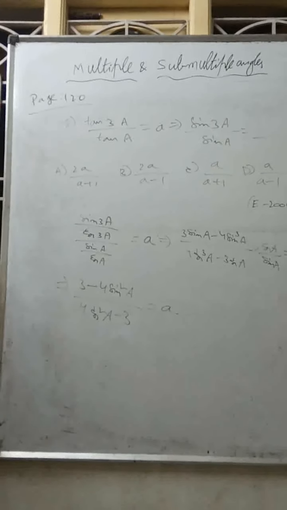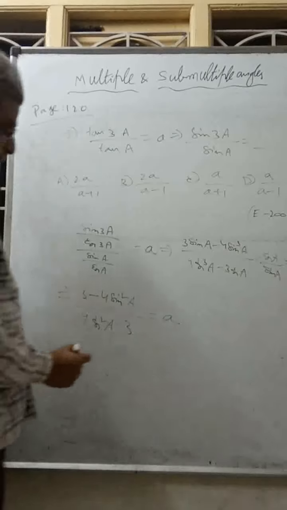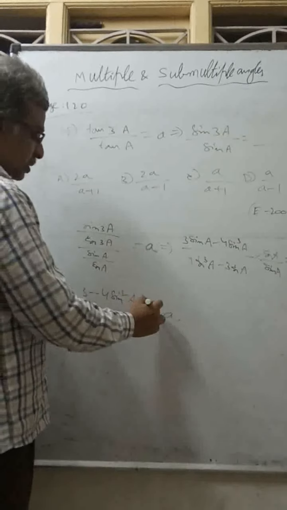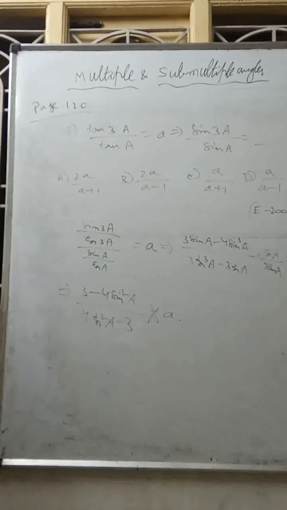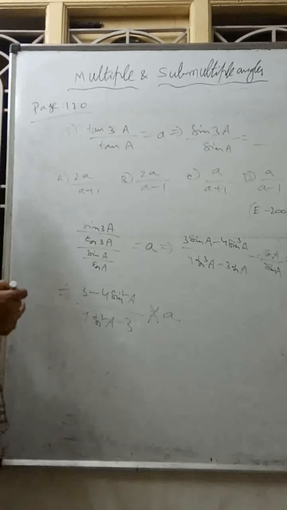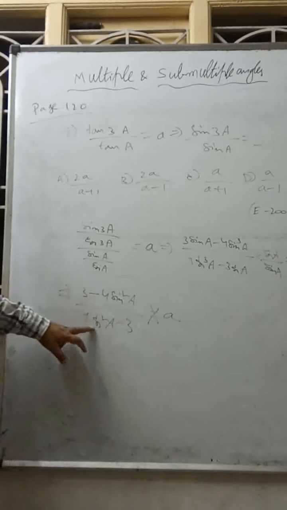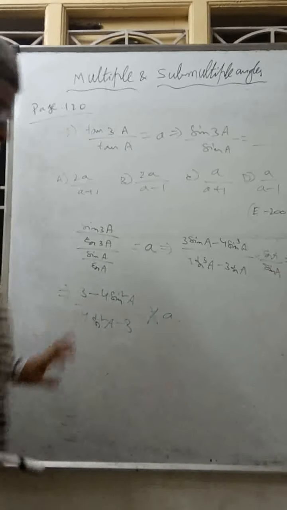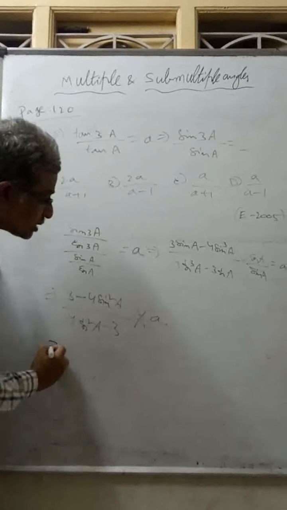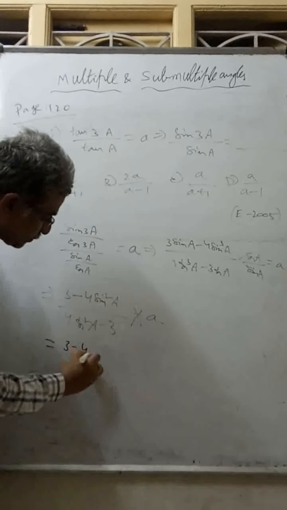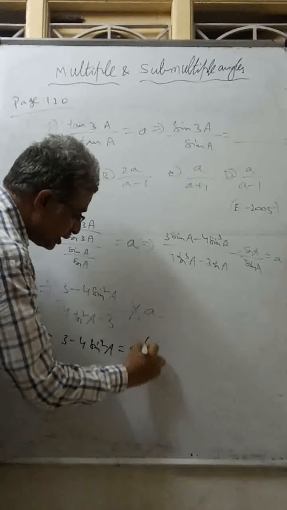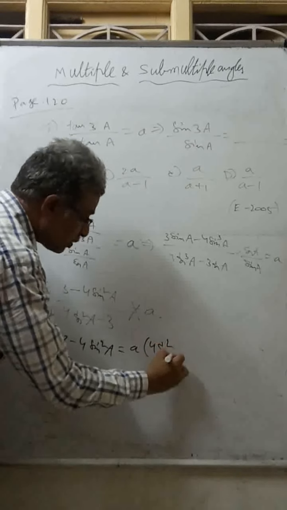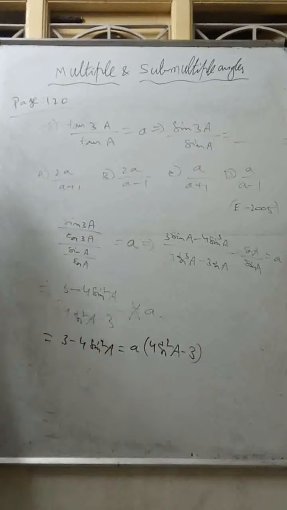Now cross multiplying and converting all cos in terms of sin, because I need sin 3A by sin A. So I want to convert cos into sin, then do it. Cross multiplying, 3 minus 4 sin square A equals a into 4 cos square A minus 3.